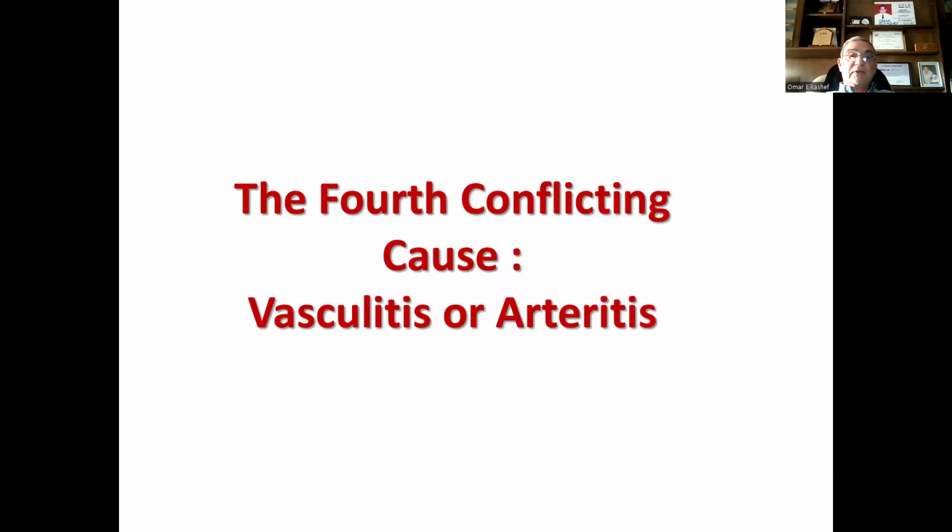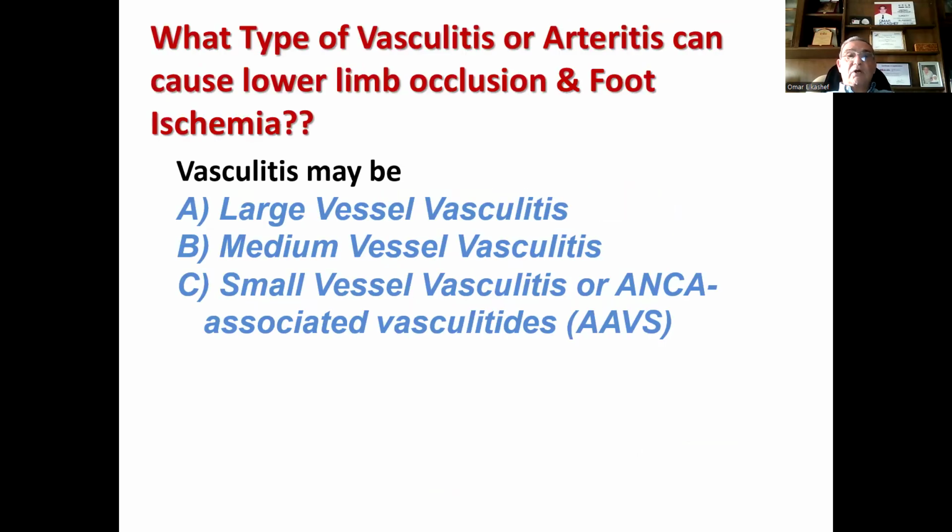The fourth conflicting cause is vasculitis or arteritis. What types of vasculitis or arteritis can cause lower limb occlusion and foot ischemia? As you know, vasculitis may be large vessel vasculitis, medium vessel vasculitis, small vessel vasculitis, or ANCA-associated vasculitis, AAV.